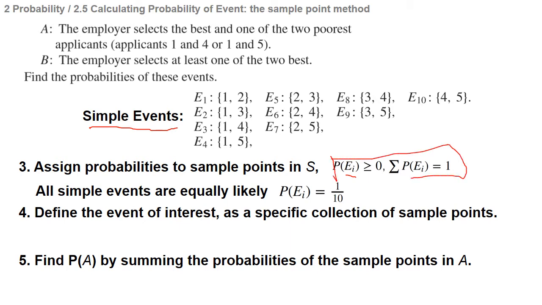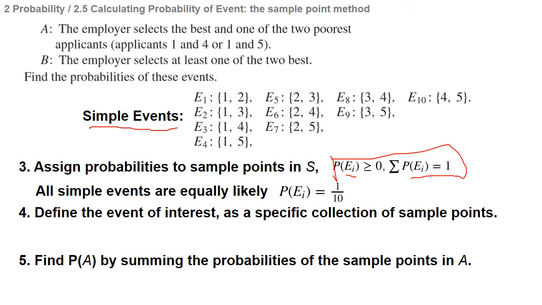Each probability of a simple event is greater than or equal to 0, and summing up all the probabilities of E1 to E10, that's 10 times 1/10, which is equal to 1. Okay, so it's done. And in step 4, define the event of interest as a specific collection of sample points.